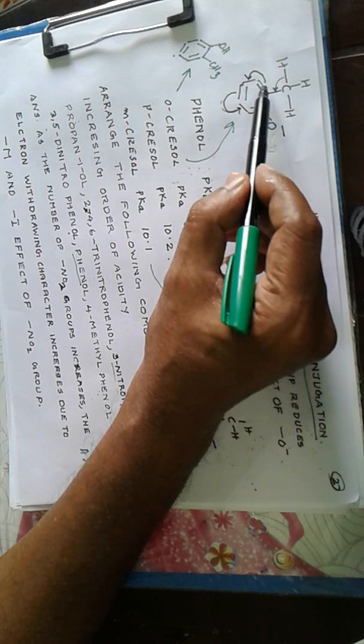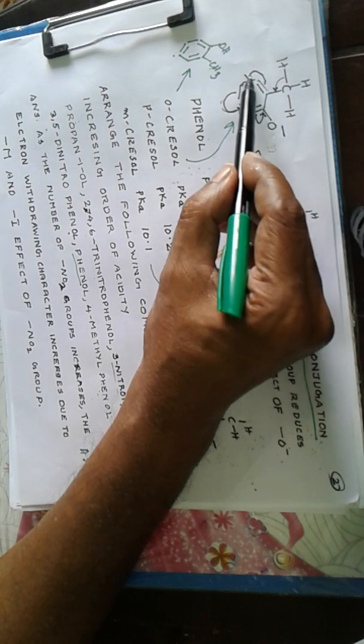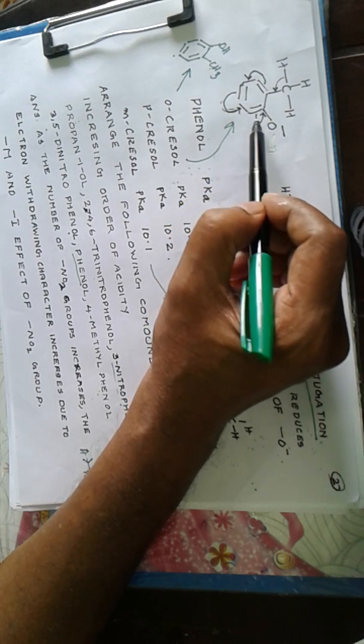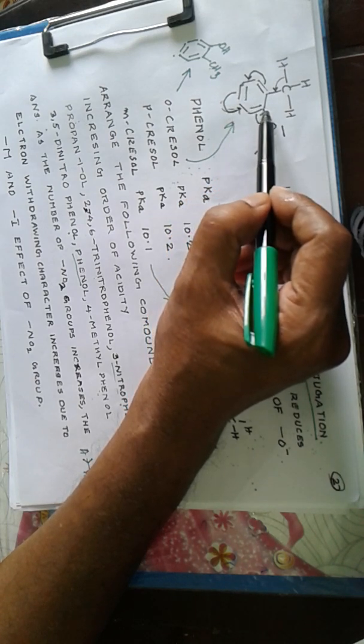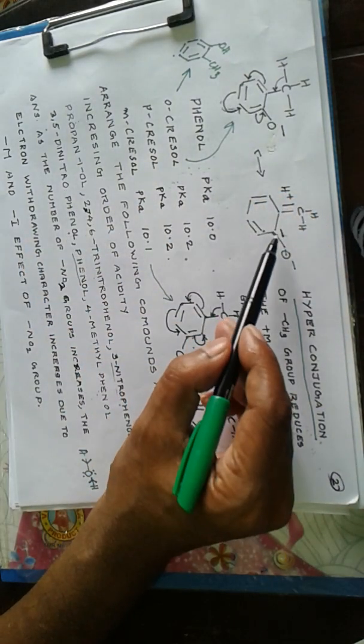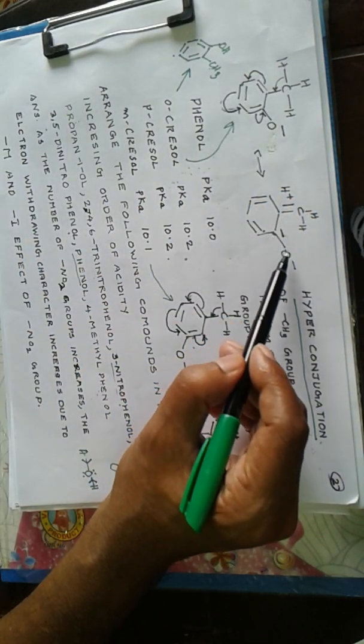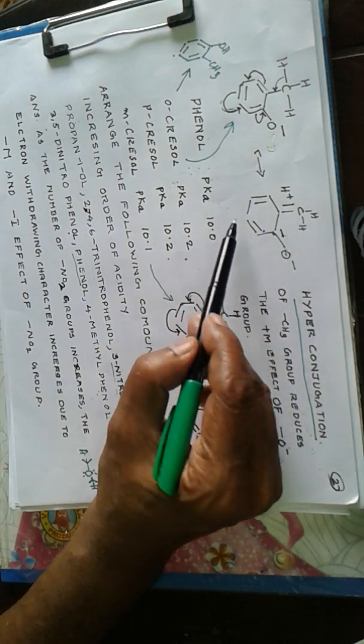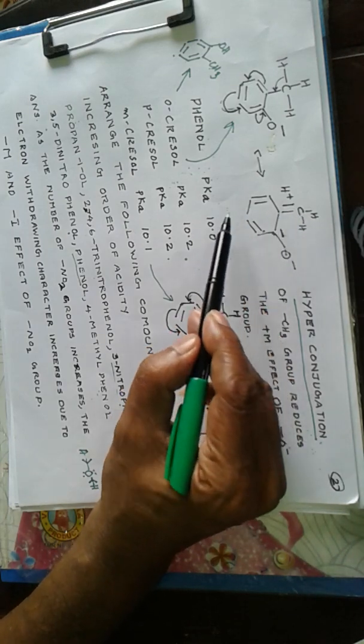To maintain the valency of carbon, this bond will be shifting like this, and this bond will be shifting like this, and this bond will be shifting like this, so that this carbon is made negative. So we get two negative charges on adjacent atoms. That makes this particular canonical structure highly unstable.